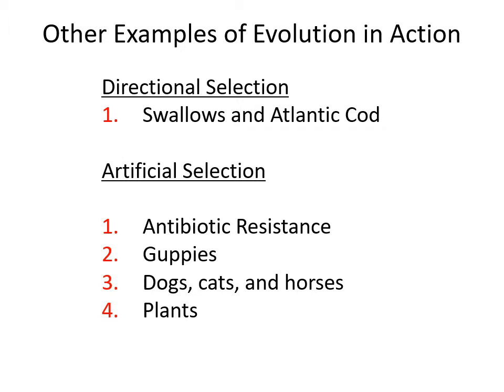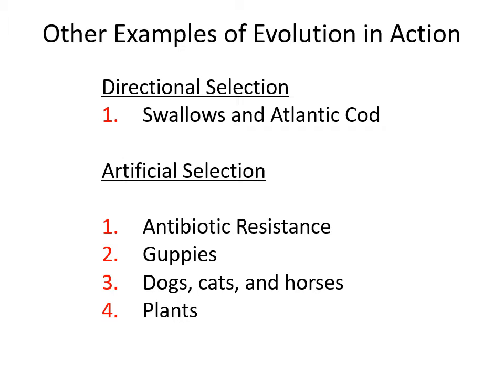So two examples that I'm going to provide are around directional selection, that is selection that ends up evolving in particular directions naturally, simply because of the natural selection pressures that are being imposed on plants or animals. Then I'll talk a little bit about artificial selection.